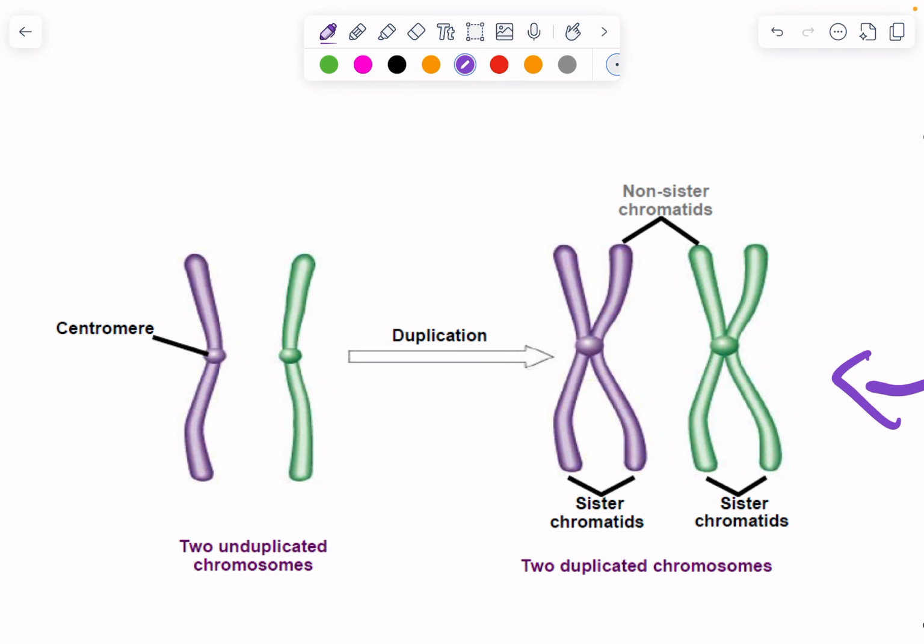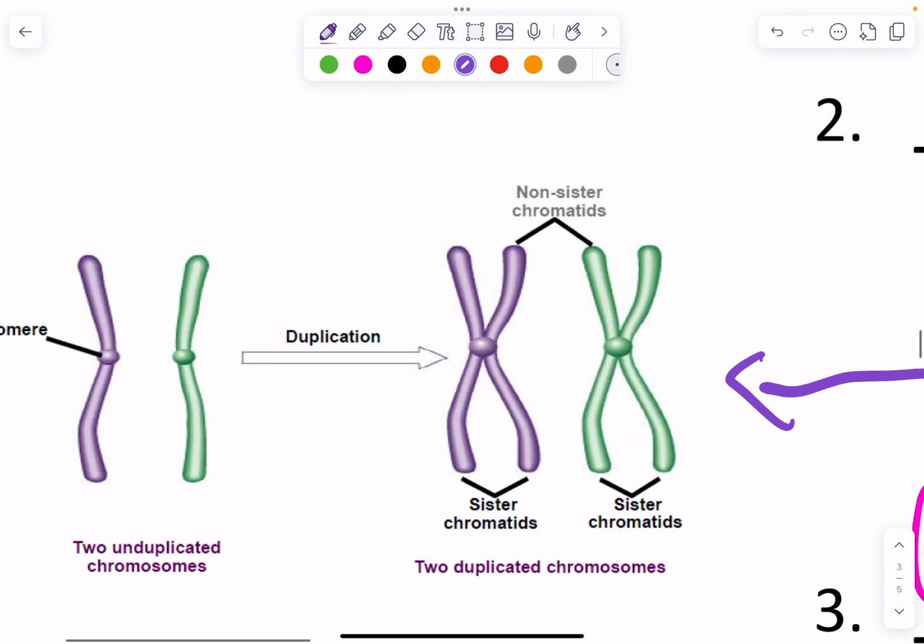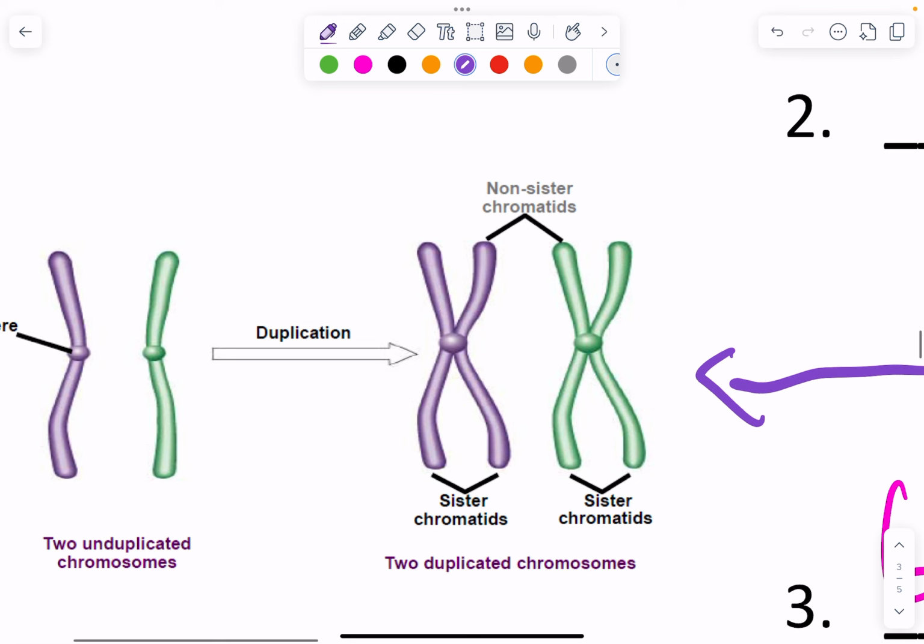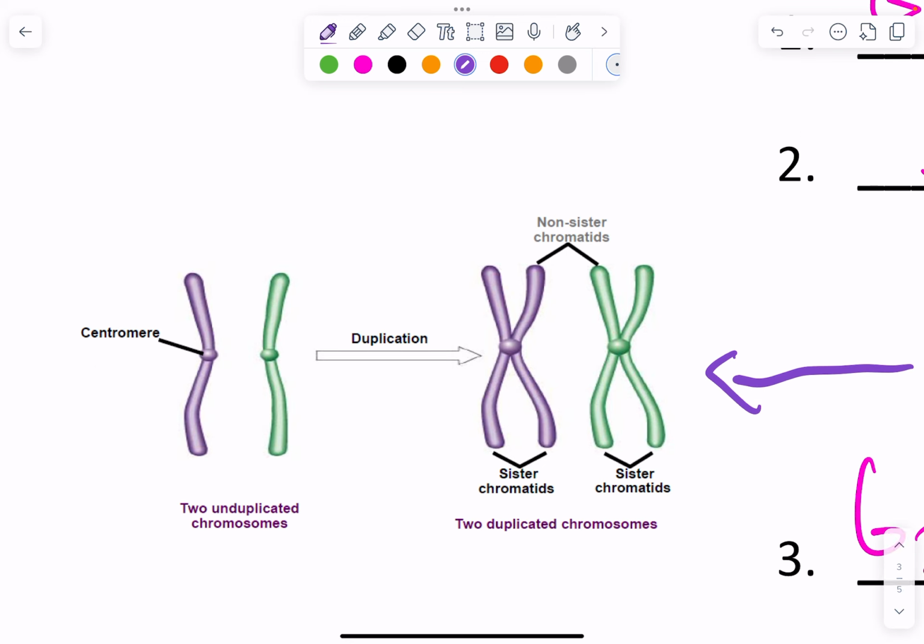So here we have 2 unduplicated chromosomes, and then as the S phase occurs, we would say we have 2 duplicated chromosomes. These duplicated chromosomes are held together by a structure called the centromere, and they are also called sister chromatids.